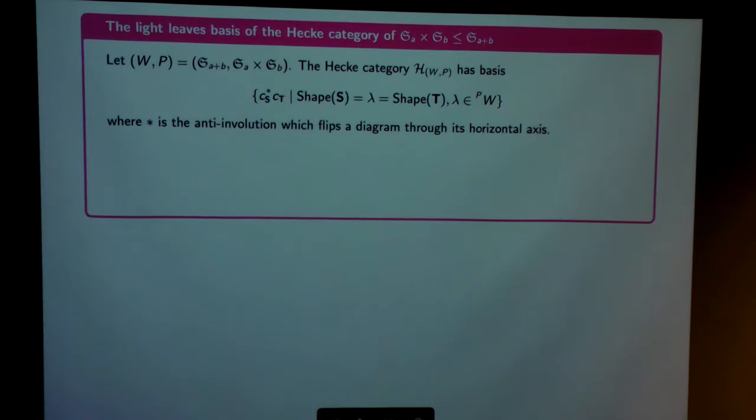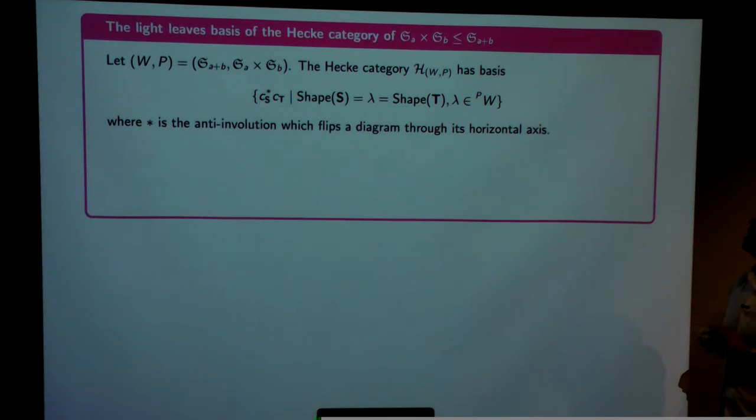And this is very much of the spirit of Green's original definition of the codeterminant basis, which looked like this. He defined it like so. It's the same thing, it's just a cellular algebra. I haven't told you what that is yet, but it's just diagrams and their flips.